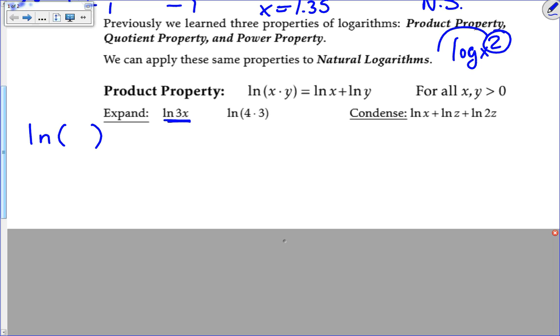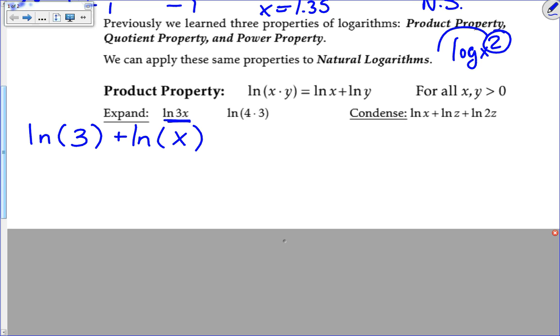And since we're multiplying, we break that up with what operation? Addition, right? So we'll have a natural log of something, and we'll add another natural log of something. So what goes in our parentheses here? Say that louder. 3 and x. We just took what's being multiplied there, the 3 times the x, and we broke them apart.